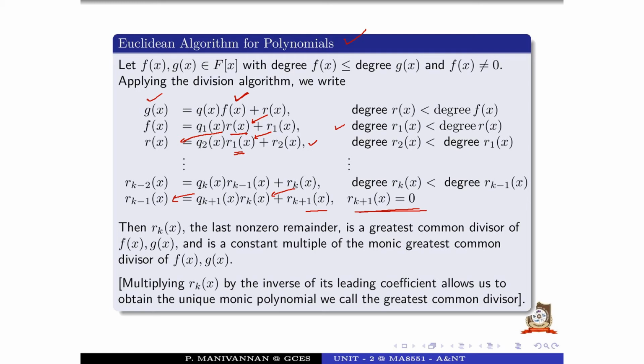We obtain this Euclidean algorithm up to the last remainder being 0.